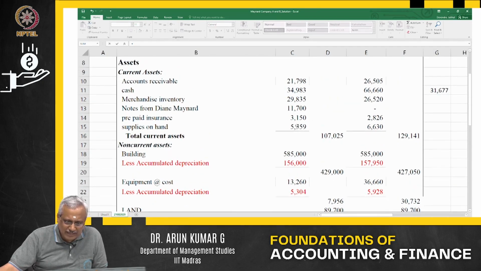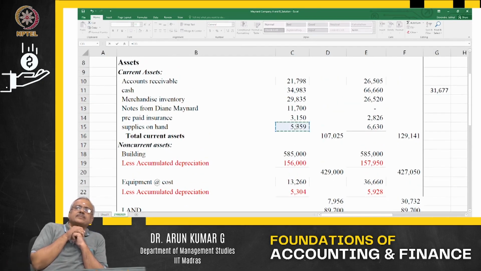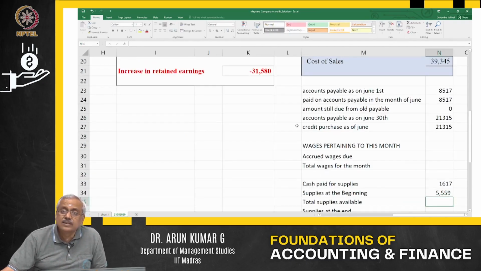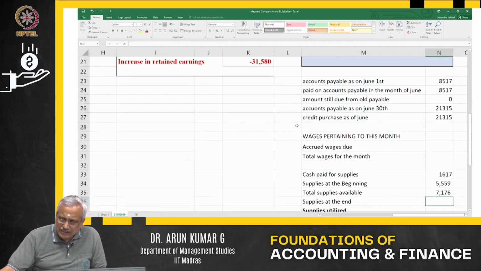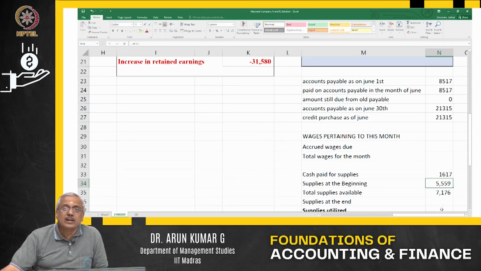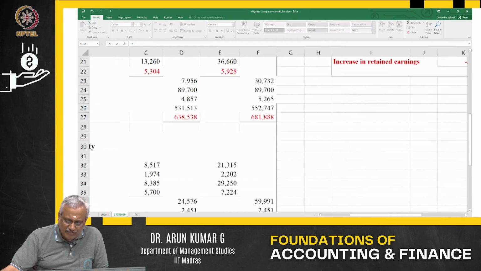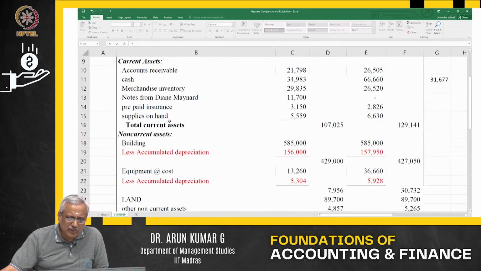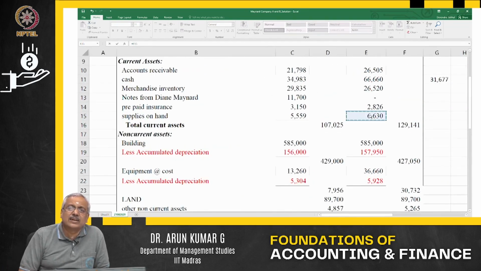It is very clearly given, 5559, yes. What is the total supplies available? This is the total supplies, that is what is purchased plus what is there at the beginning of the month. How much is utilized? Minus what is left over at the end of the month.